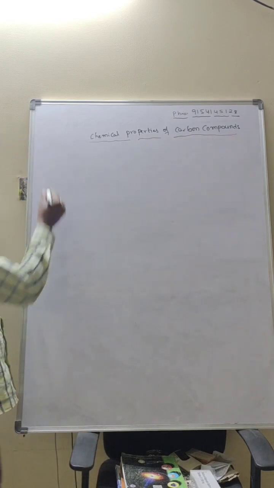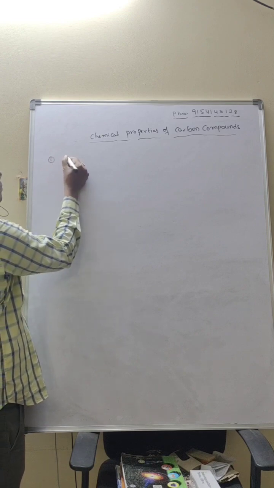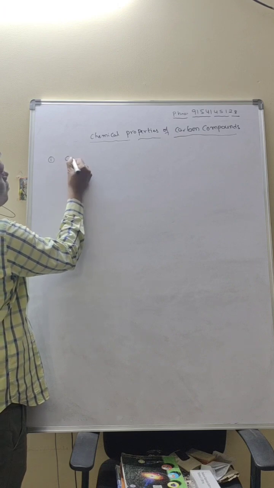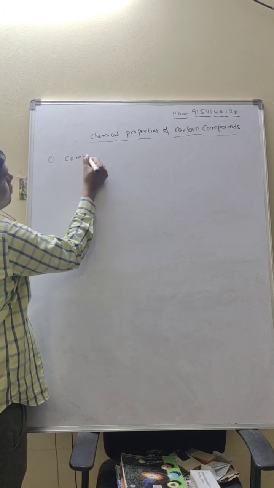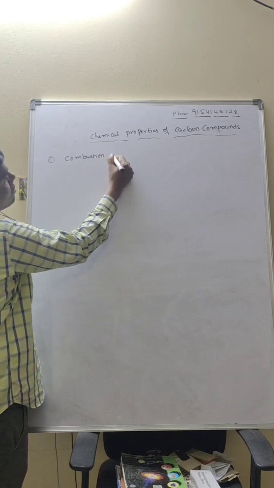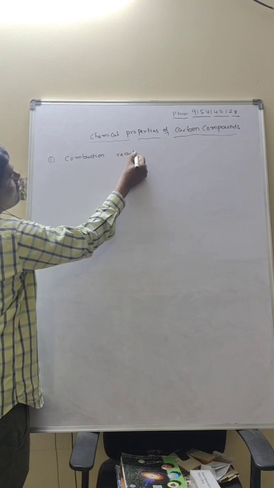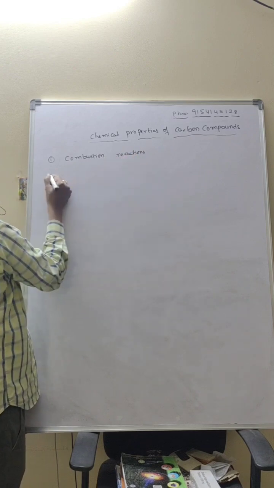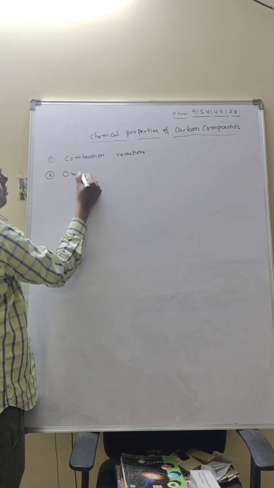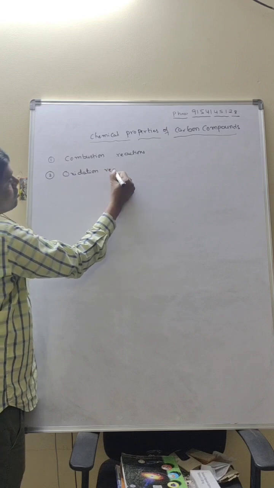Here, four chemical properties are there. The first one is combustion reactions. The second is oxidation reactions.